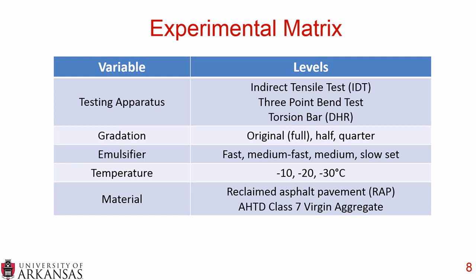And then we used two different types of material. We used reclaimed asphalt pavement, or RAP, and then AHTD Class 7 virgin aggregate, now RDOT. And this was a partial factorial, so we weren't able to test all the different levels at all the different combinations, but we did a partial factorial in order to look at all of these variables.